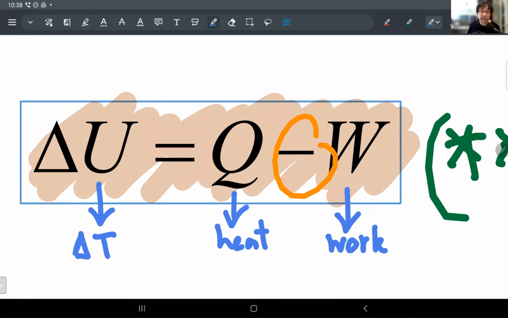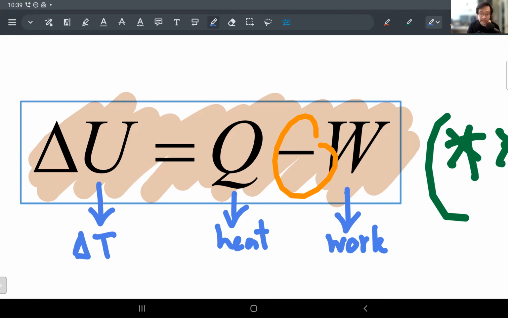So from now on, when they say, if I give a gas some heat, the gas will get higher in temperature, yes or no? You have to ask me back right away: does the gas expand? You guys with me now?